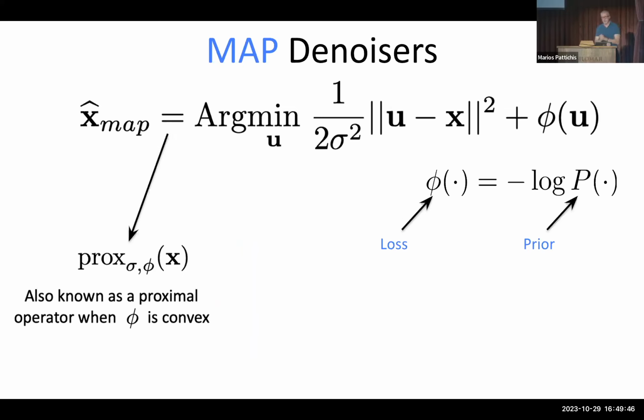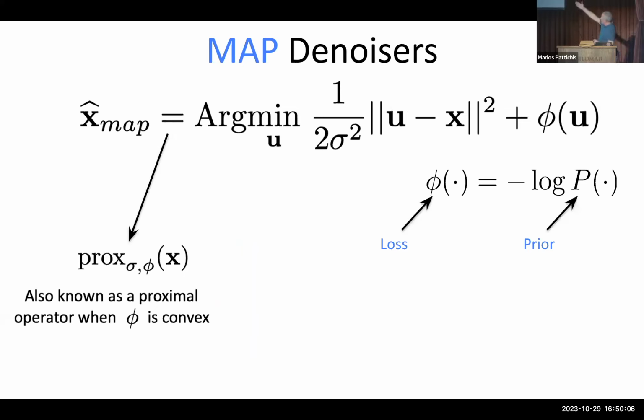If you look at MAP denoisers, you have this structure where the first term, the norm of u minus x normalized by 2 sigma squared, is a result of assuming the noise is Gaussian and zero mean. And then the second term is the negative log of the prior that you're placing on the image.